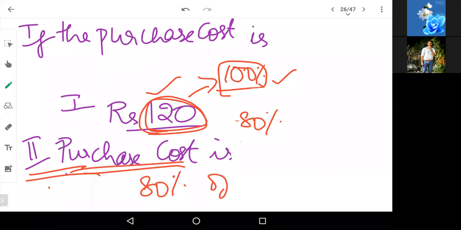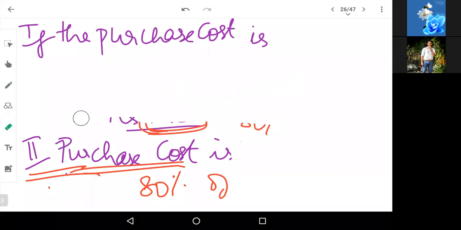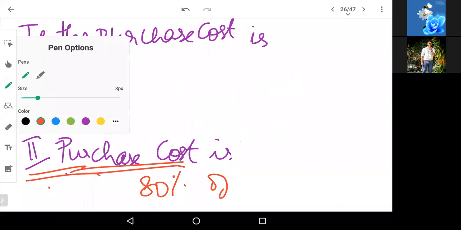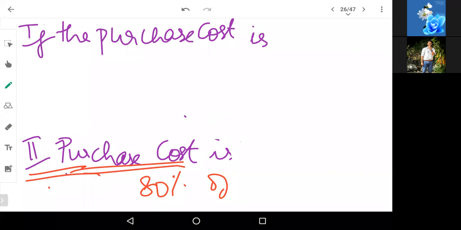Okay, the same thing I'm doing here also. So instead of considering the whole amount, I am going to consider only 80% of X. X was my purchase cost. Let me write it as rupees X, so it is easy for you to understand.